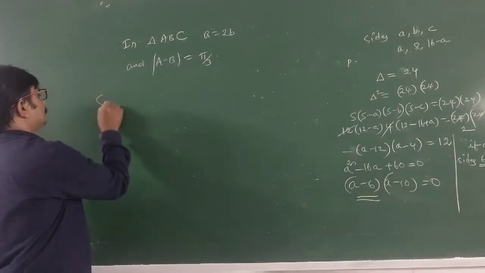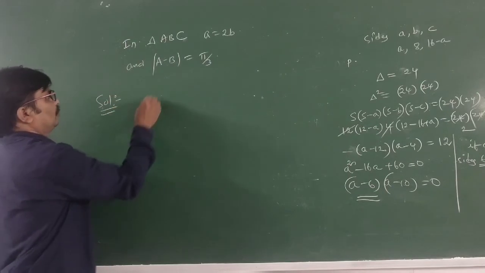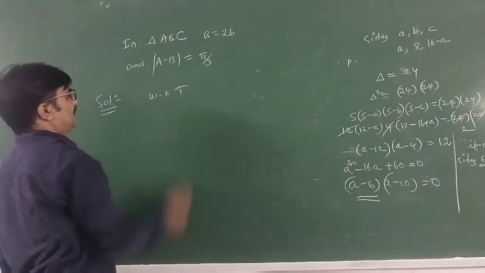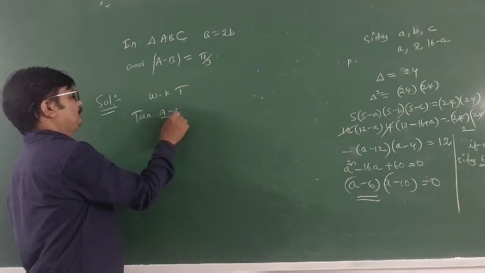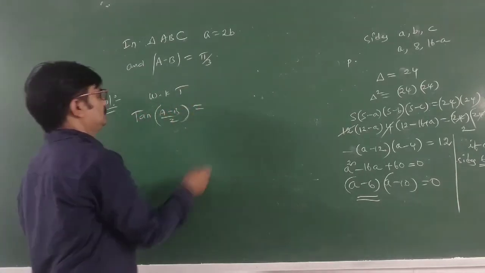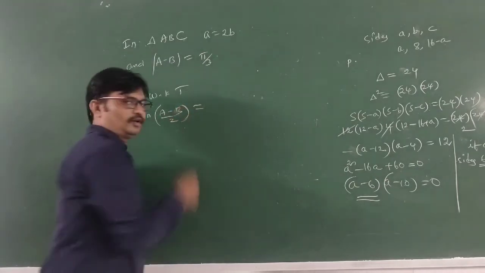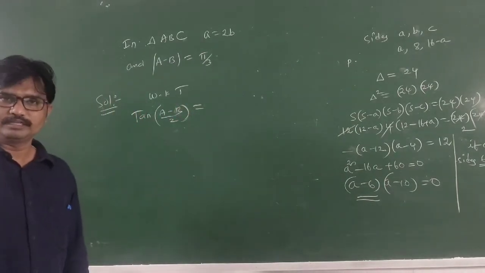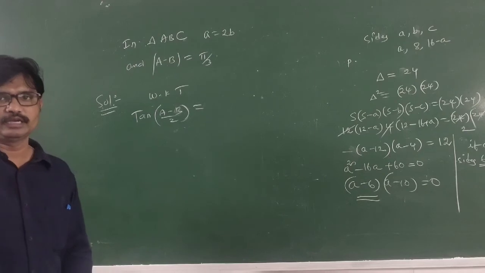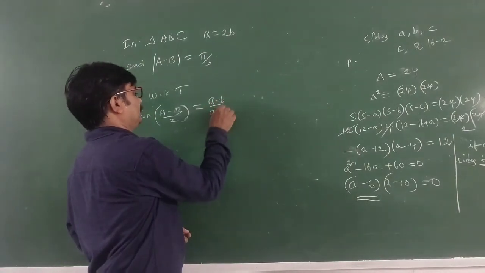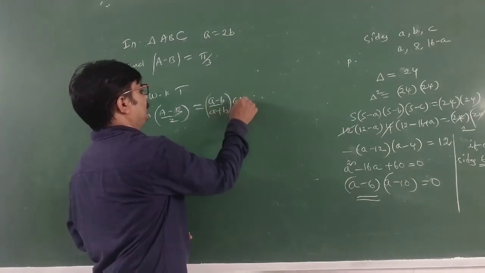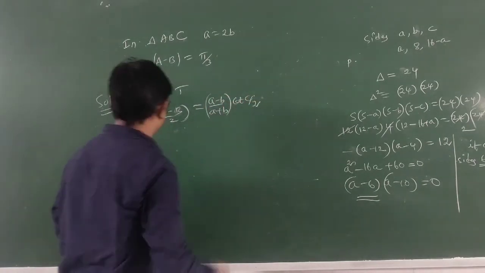So we know that, my dear students, what is the formula? Tangent rule. tan of (A minus B) by 2 is the formula, students. What is the tan of (A minus B) by 2? It is (a minus b) by (a plus b) into cot of C by 2.